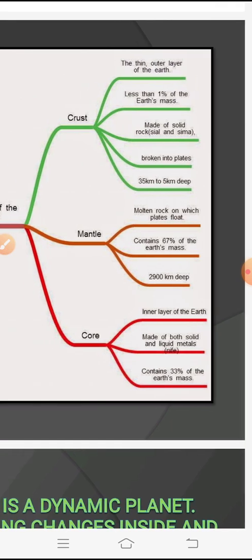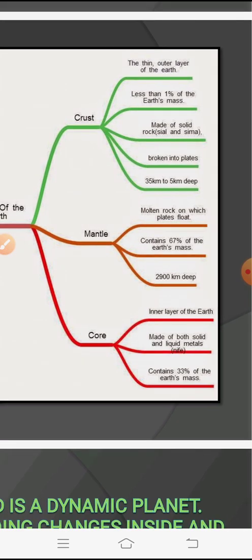The second layer is called the mantle, below the crust, that is molten rock on which plates float. Which plates did I mention? The continental plates float on this mantle. It contains 67% of the earth's mass and it is 2900 kilometers deep.